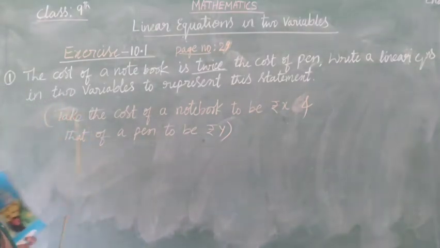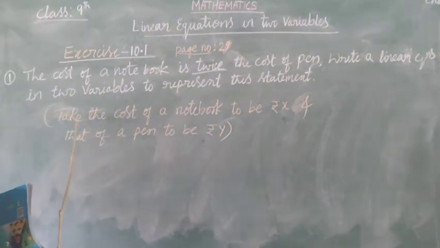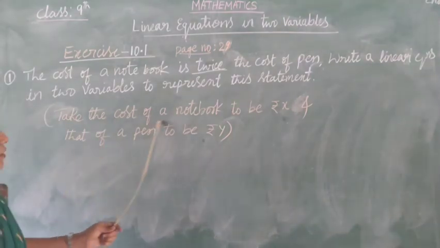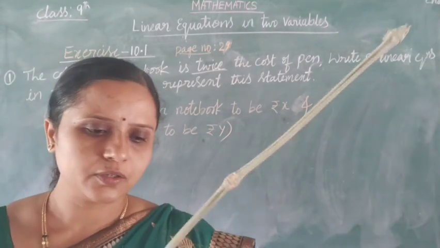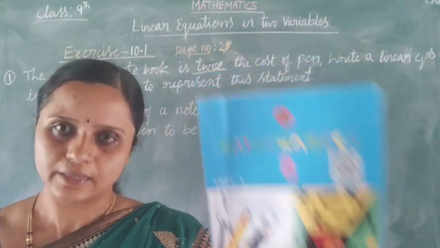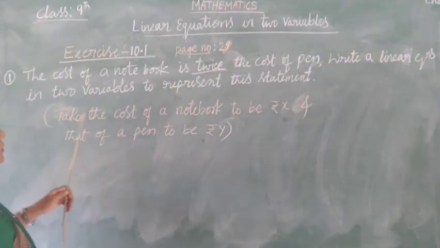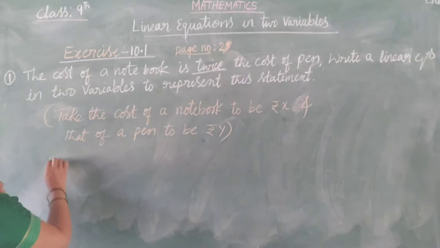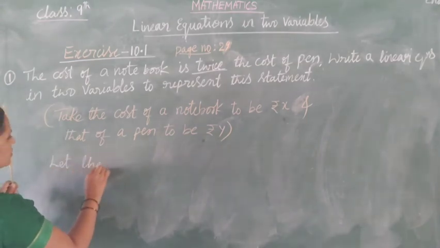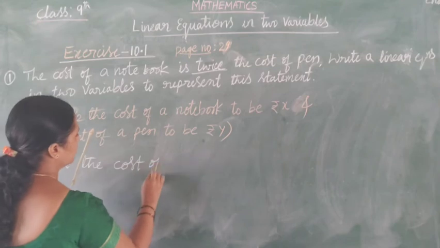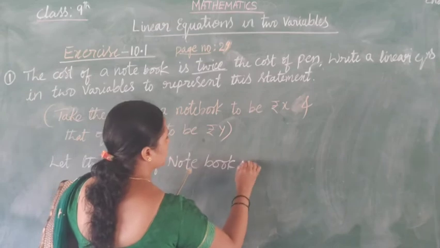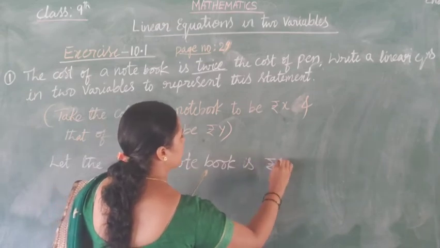So, also here the instruction is given, that is, take the cost of a notebook to be x. So you consider this notebook as x.